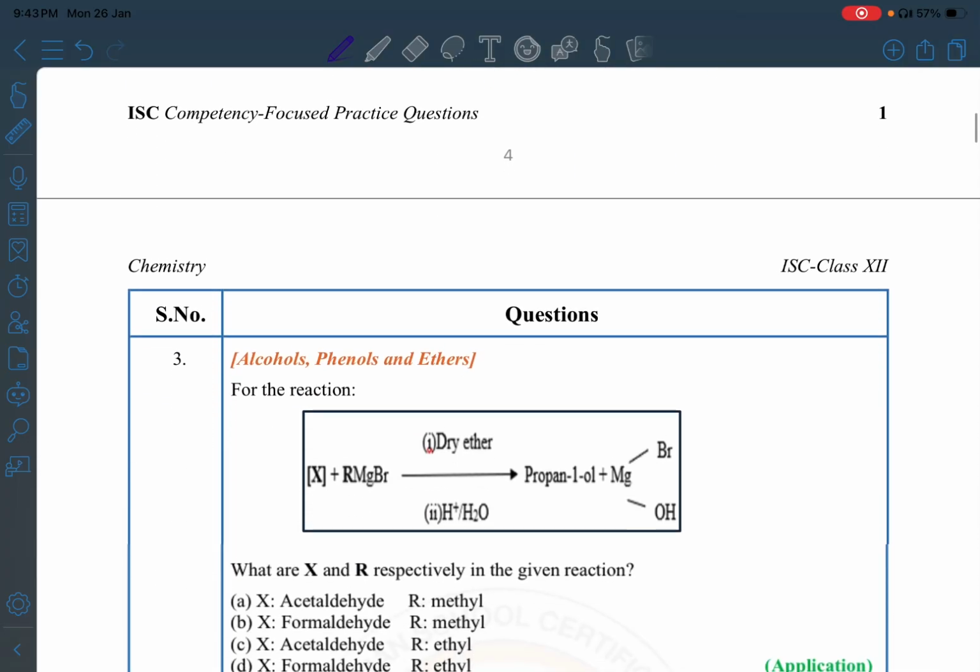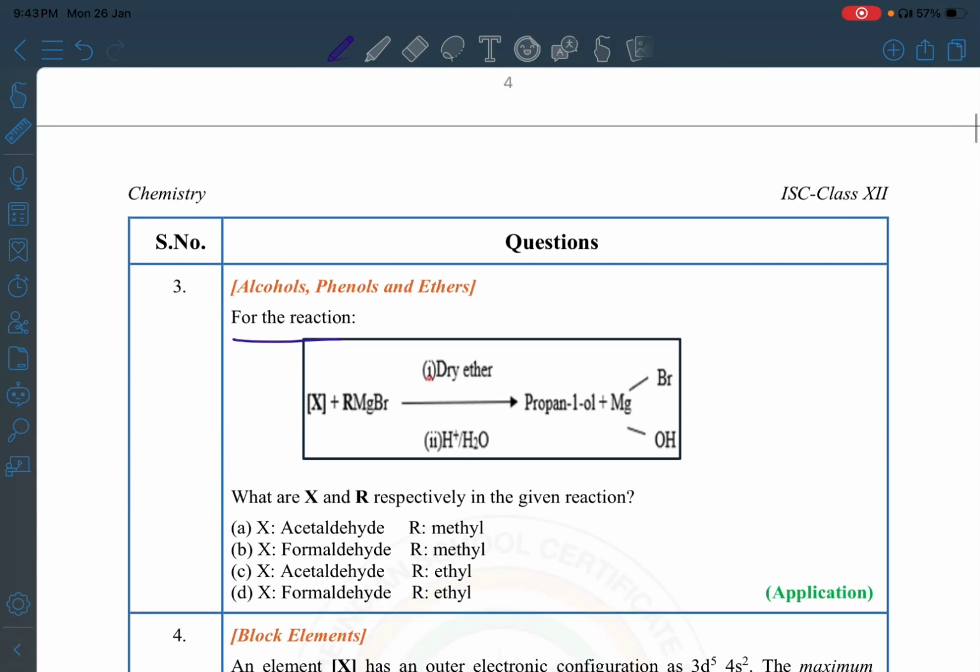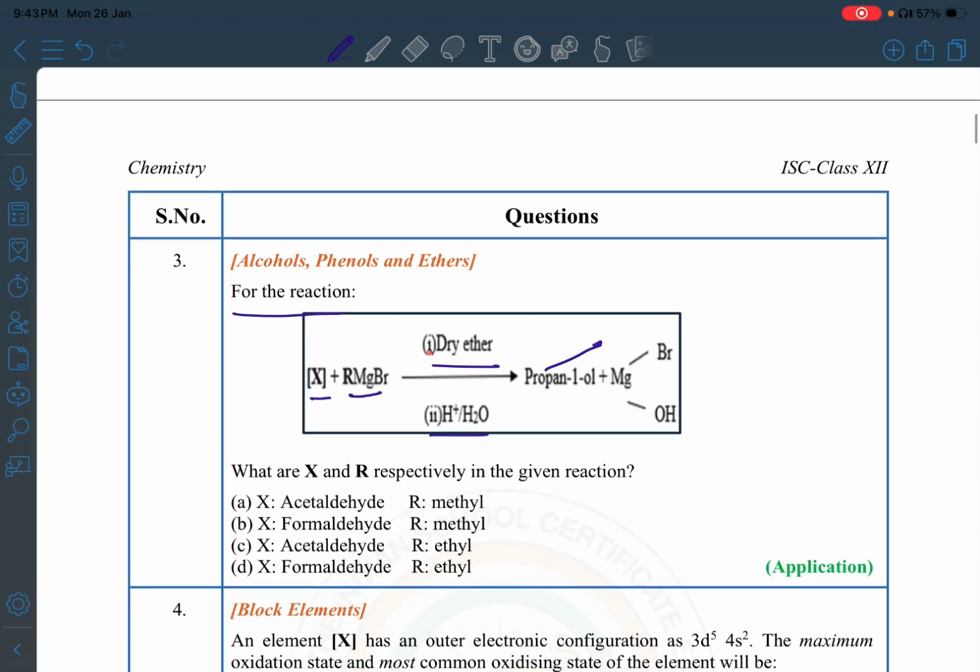Now the next question is for the reaction X plus RMgX. Firstly, it is treated with diether, and second it goes through hydrolysis and gives propan-1-ol. We can do it by two methods: first, we can form the product and then reverse, or we can use the elimination process.